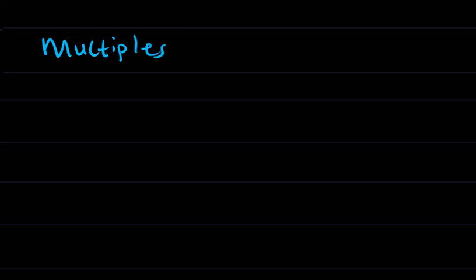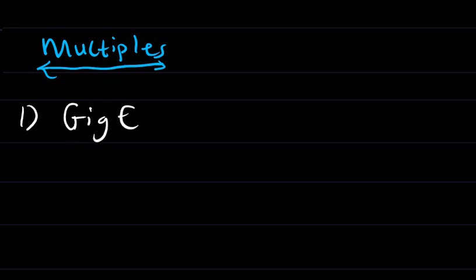Of course, you convert by multiplying by positive powers of 10. Let me start with giga, that is capital letter G.